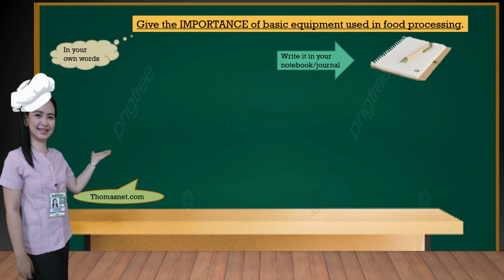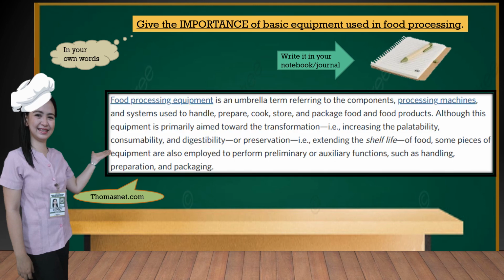An article stated in thomasnet.com, food processing equipment is an umbrella term referring to the components, processing machines, and systems used to handle, prepare, cook, store, and package food and food products.